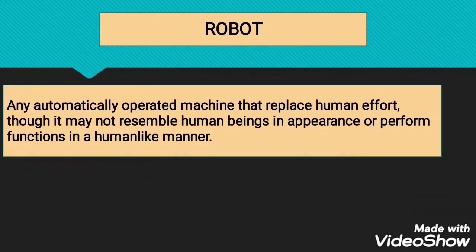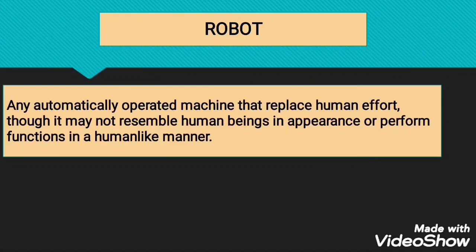Yes, a robot is an automatically operated machine that replaces human effort, though it may not resemble human beings in appearance or perform functions in a human-like manner. That means it will work like a human.